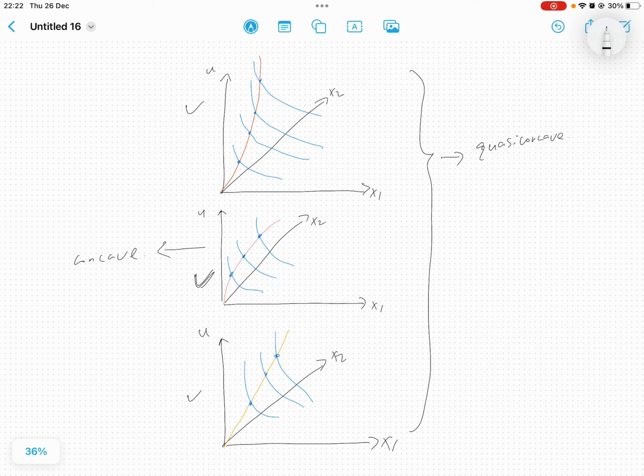I hope this will be a useful example to illustrate the differences between the quasi-concave utilities and concave utilities. This is also another example for us to demonstrate the three-dimensional space to represent the utility function regarding the two commodities in this case. Here we only have those orange curves, the rays connecting those intersections of the indifference curves.